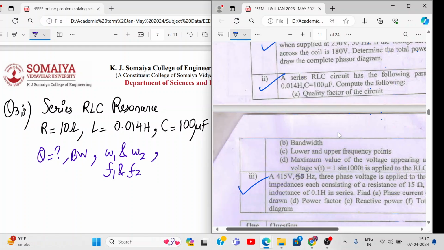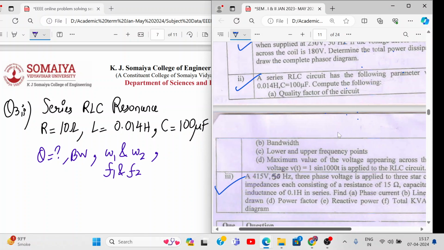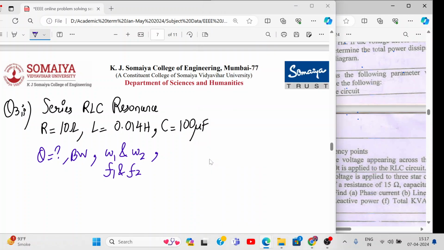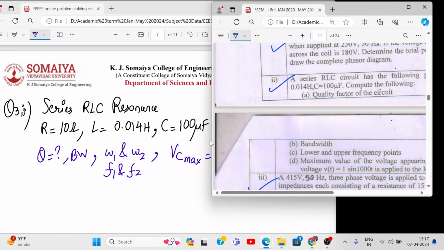Then we have to find the maximum value of the voltage appearing across the capacitor, so VC max. It looks like a quite challenging numerical. It's for 10 marks. If V of t is given by, let us write, V of t is how much?